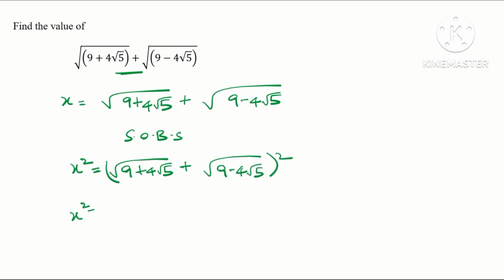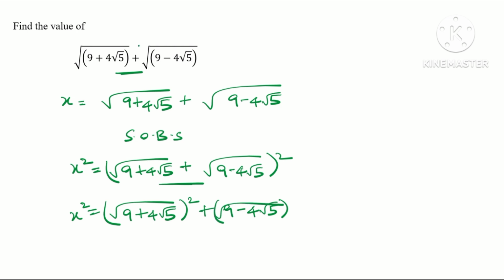This is in the form of (a plus b) whole square. So a square plus b square plus 2a into b.